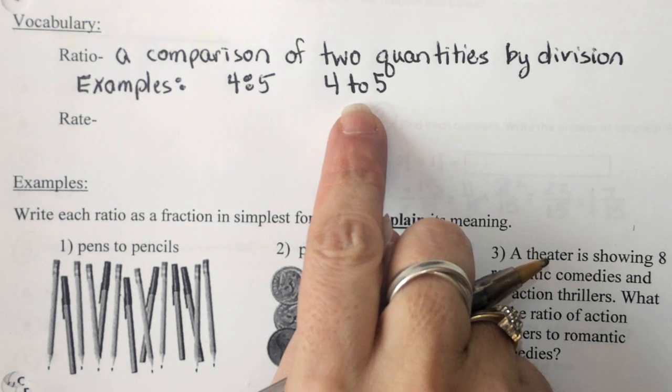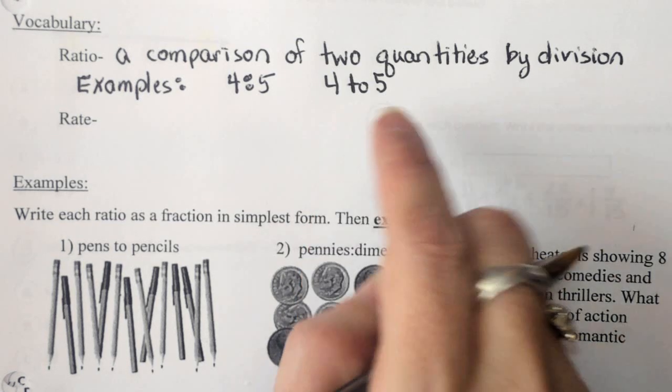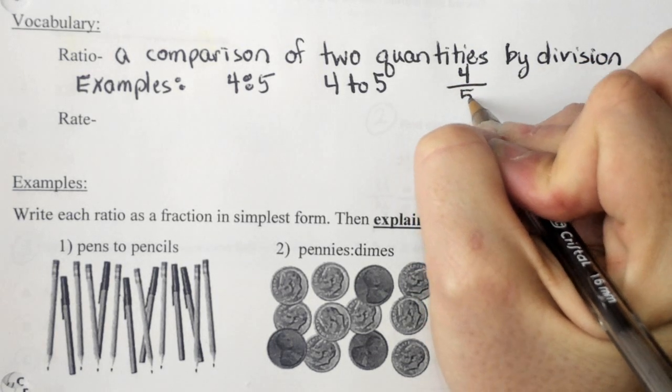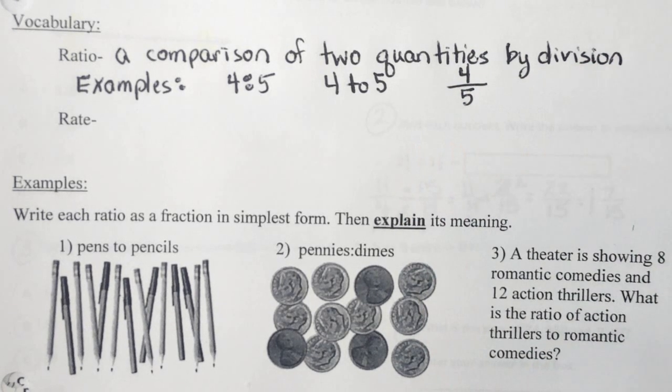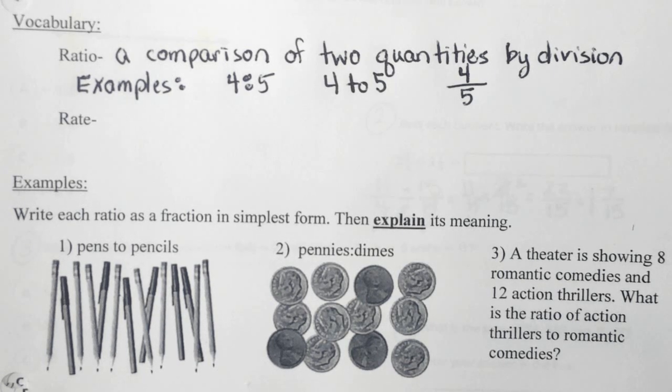T-O. Please get with me, guys. And the third way is the fraction way, meaning 4 over 5, with a fraction bar. The main way 6th graders write them is with fraction bars. That's just the way it is.